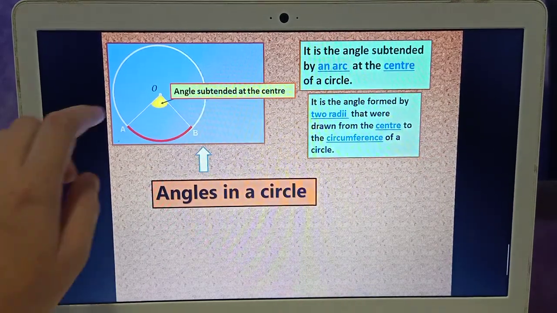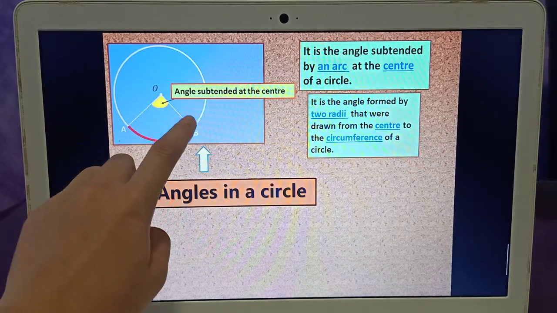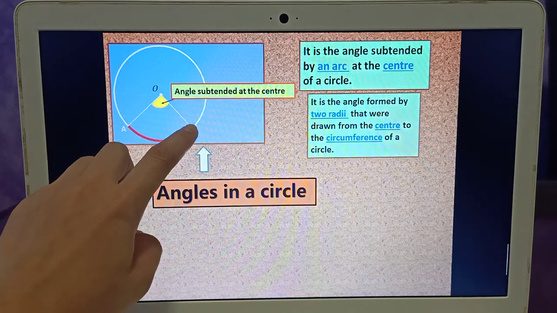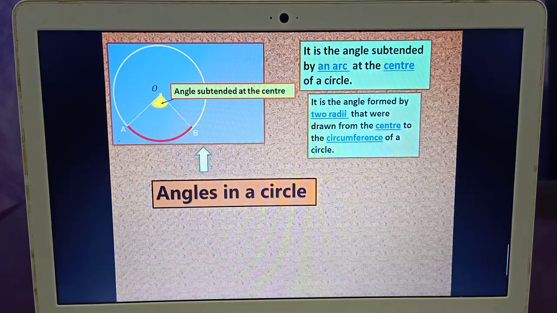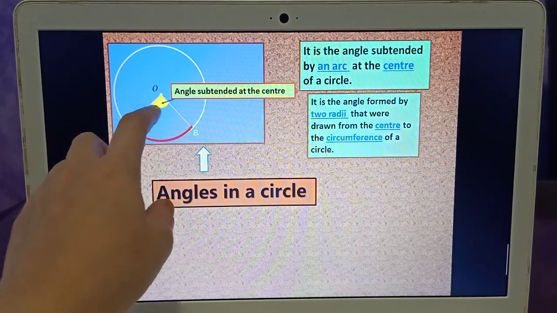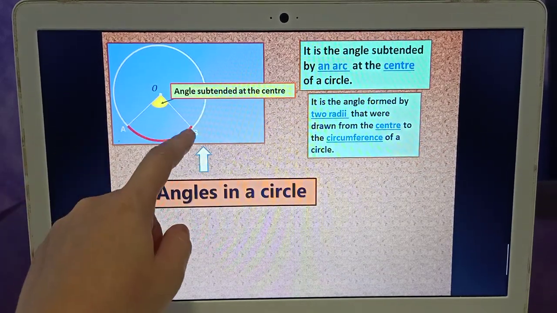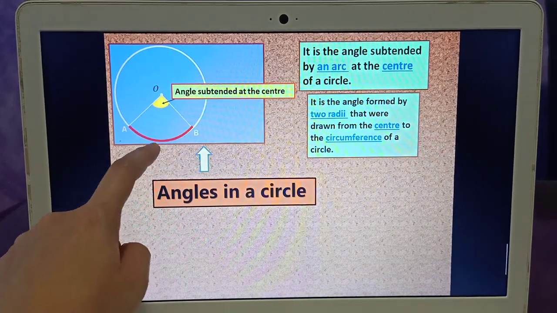It is the angle formed by two radii that were drawn from the center to the circumference of a circle. So this angle is an angle subtended at the center, and the arc subtended by this angle is actually minor arc AB.